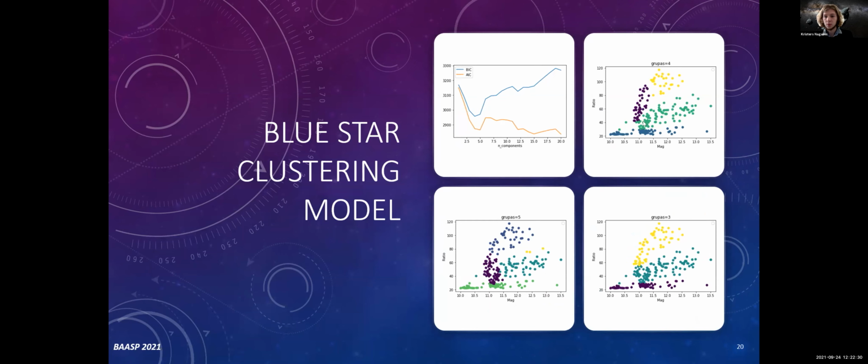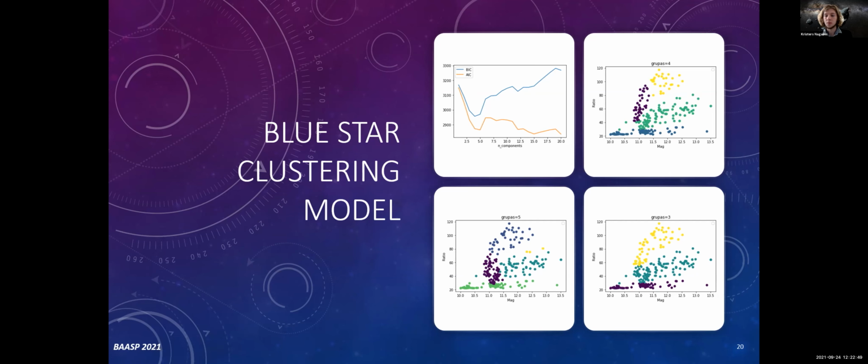I put all the objects in the SIMBAD database and checked what these objects are. I found out that the blue objects are nothing interesting, just basic stars. But the yellow group was binaries, supergiants, and proper motion stars.